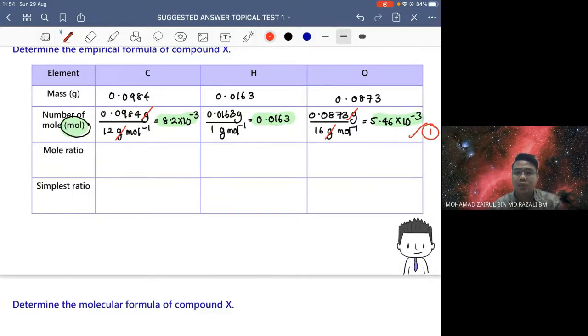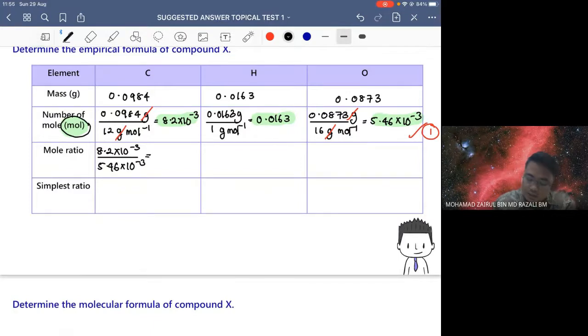So kalau kita tengok sini, value mole yang paling kecil adalah dekat oksigen. So awak kena bahagi setiap number of mole tu dengan number of mole of oxygen. So for mole ratio untuk carbon, awak 8.2 times 10 to the power minus 3, kita bahagikan dengan mol untuk oksigen is 5.46 times 10 to the power minus 3.